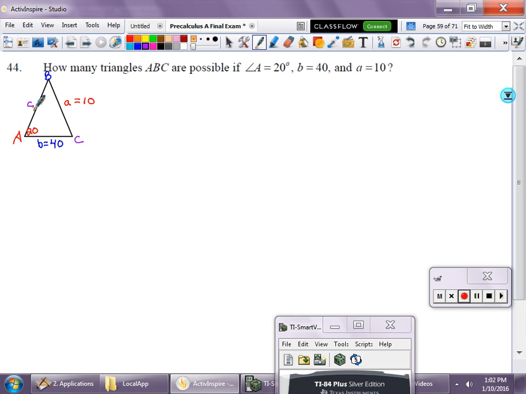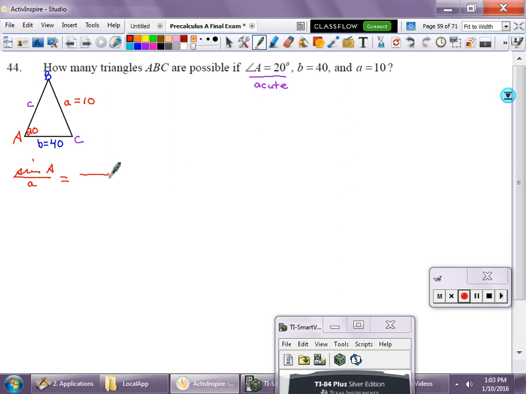Okay, this question is asking us how many possible triangles. This happens when the angle that is given is acute. We have to find out these other angles, so we set up our ratio. The ratio that we're using is the law of sines. Law of sines works like this. Look at your formula sheet: sine of A over a is going to equal... now remember, with algebra there can only be one variable.